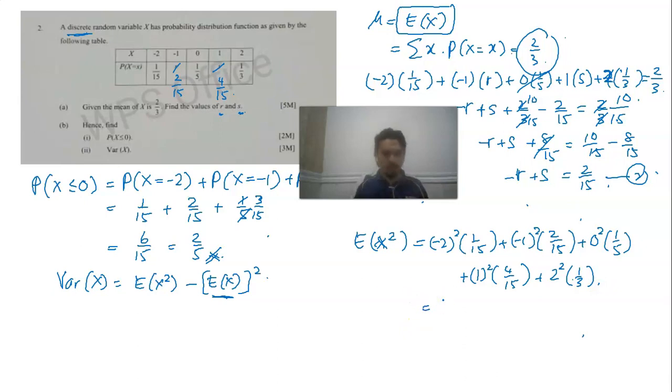According to the calculation, you may use a calculator, and this is going to give you the expected value of X squared, which is equal to 2. Find it yourself, the answer for this is equal to 2.